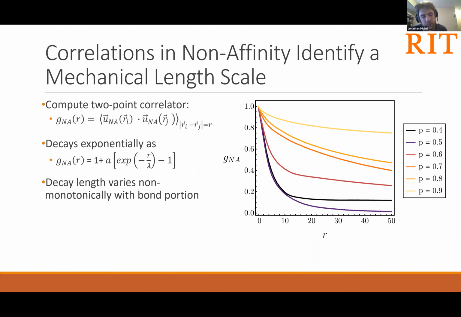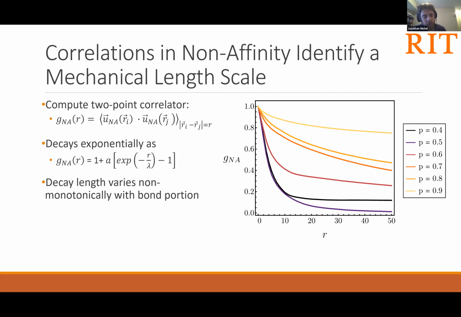So then if we look at the 2-point correlation in this quantity, azimuthally averaged, we see that this quantity tends to decay exponentially with the separation between a pair of points.